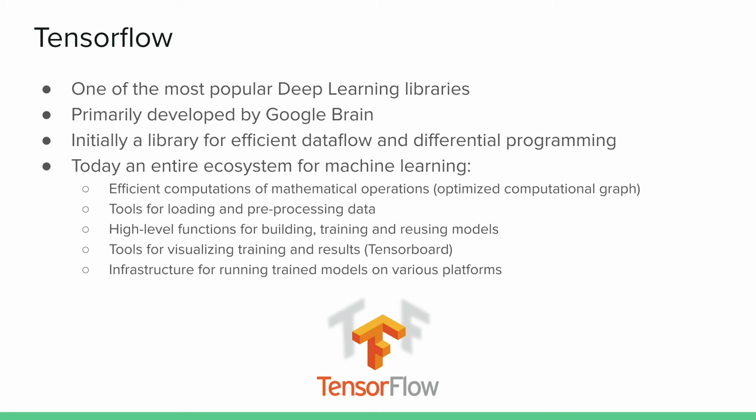And nowadays it has grown into an immensely large ecosystem for machine learning, and you can do many things with TensorFlow. You can efficiently compute all of these mathematical operations that it was initially designed for, and how it does it is by having a computational graph. So you define the operations, and internally it constructs a really efficient graph and then shoots your data through this efficiently compiled graph.